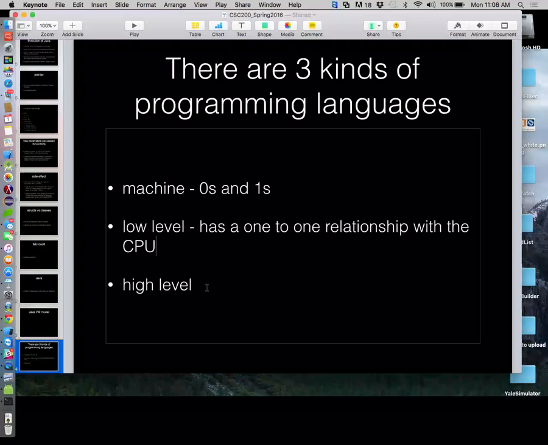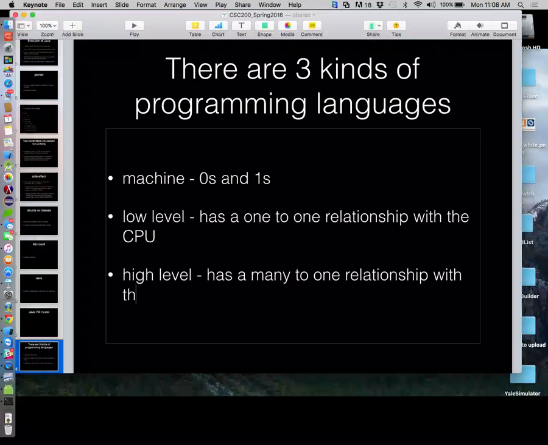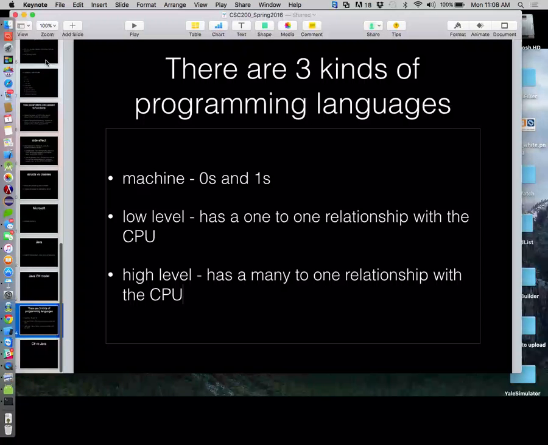I'll talk about what that means in a second. And a high-level language has a many-to-one relationship with the CPU. Okay? So, in order to understand this, we have to talk about what the CPU is.